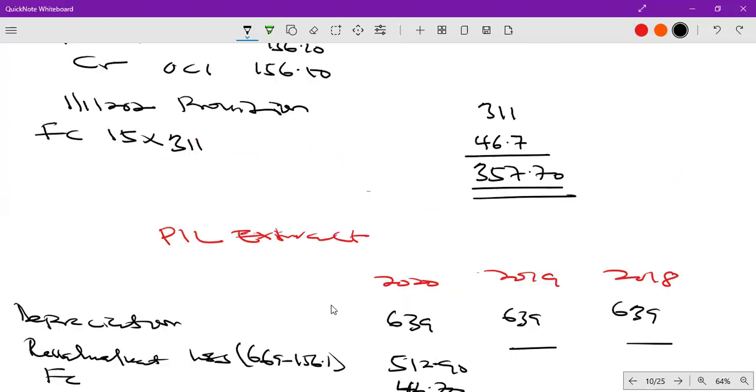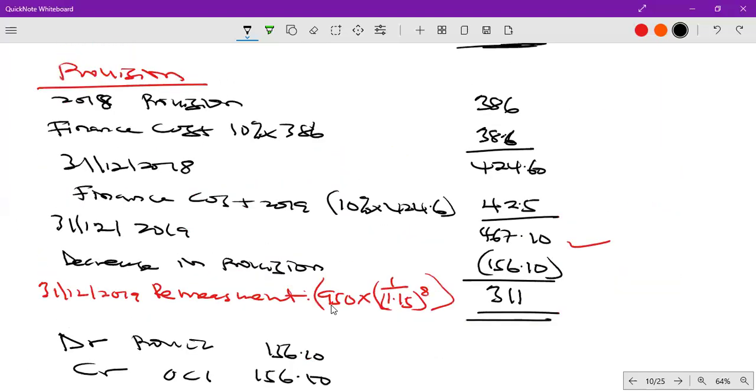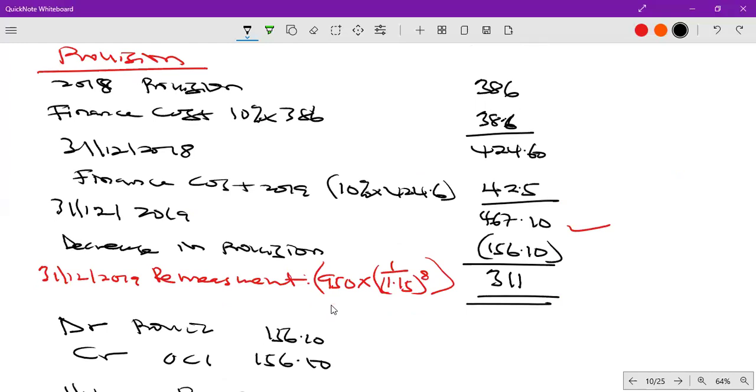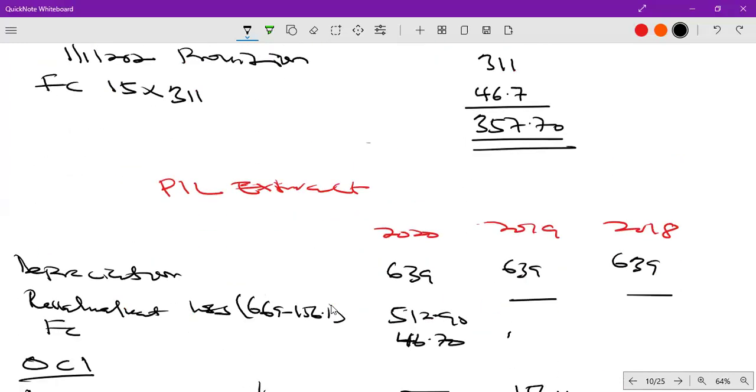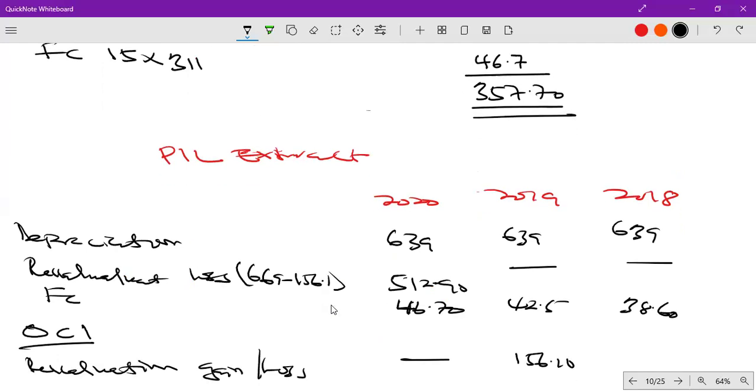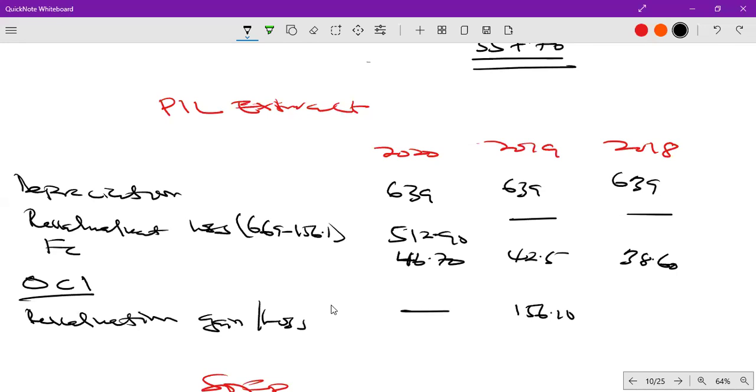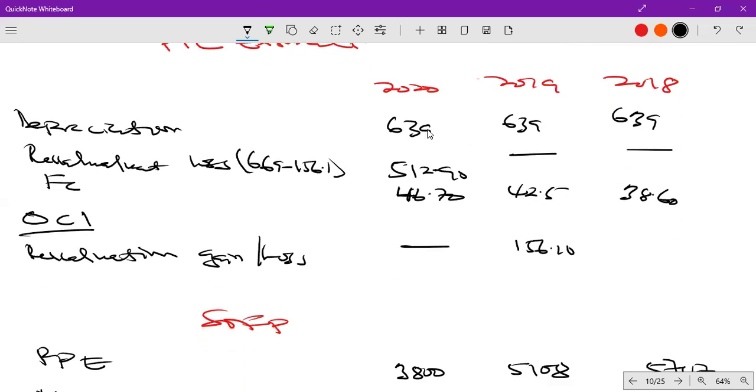Then 2019, what is the finance costs? 42.5. Then 38.6. Okay, Mr. Reynolds, thank you very much. Finance cost, it needs to come here.